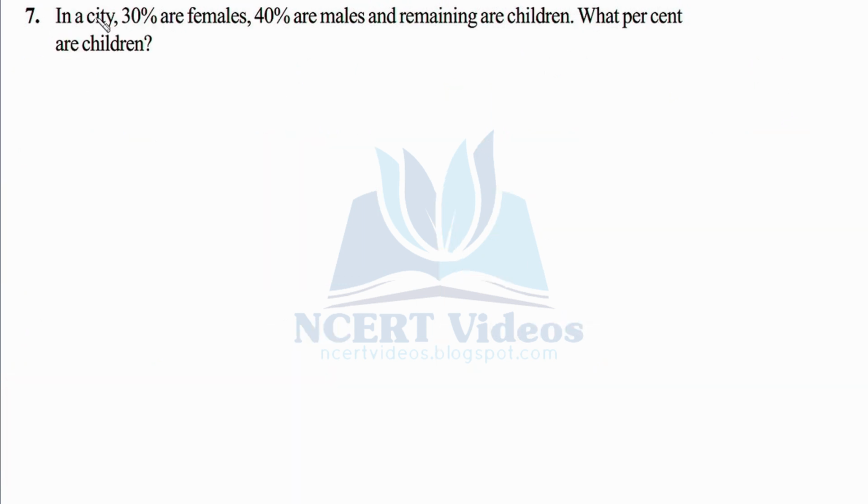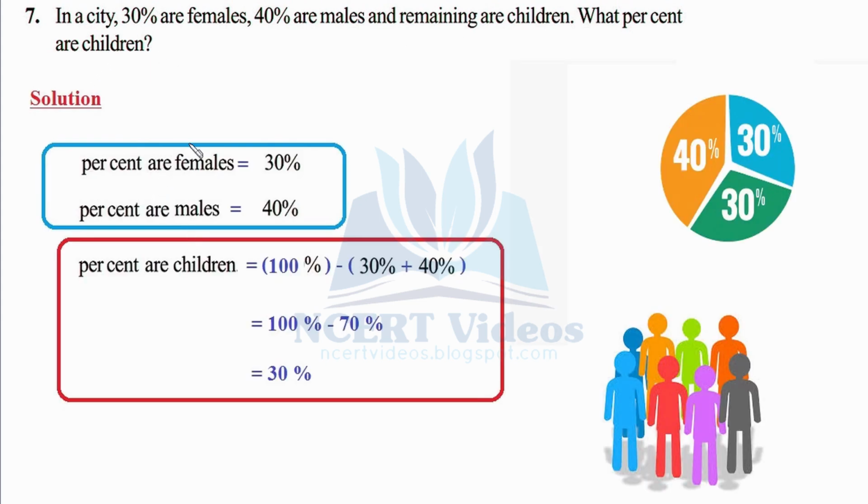Question 7. In a city, 30% are females, 40% are males, and remaining are children. What percent are children? What is the given information in this question? Percent of female is given. That is 30%. And 40% male are also there. Therefore, writing percent who are males, 40%. And what will be remaining?